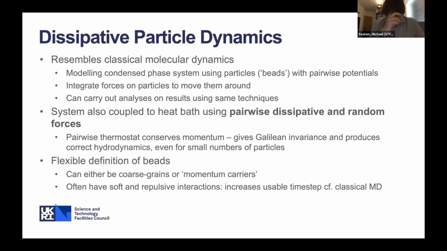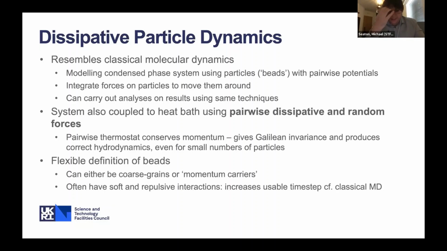The other difference with classical molecular dynamics is that we have a fairly flexible approach to what the beads can be. These can either be coarse grains, or they can be a representation of a continuum fluid, what are known as carriers of momentum.